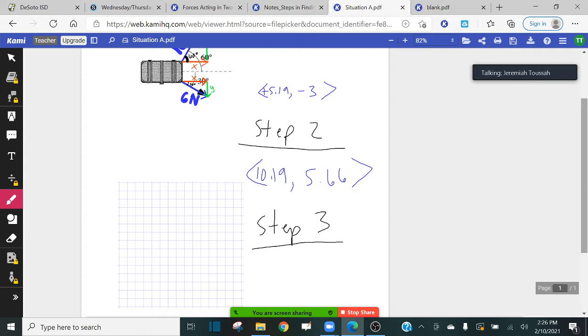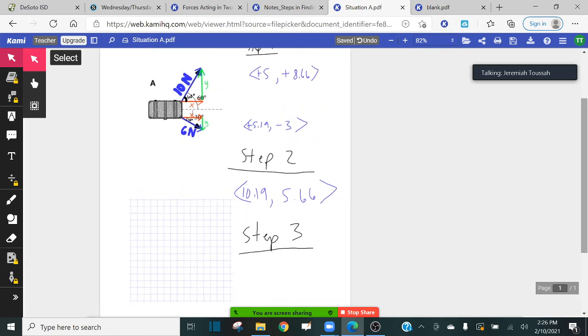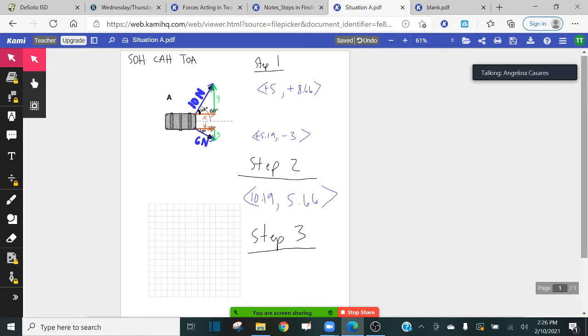Where did y'all get that from again? Did y'all add something together? Yes, we basically just added the x and y values that we got in step 1. So it's going to be -3. Do you know why it's minus? Look at this y arrow. Where's the y arrow pointed?